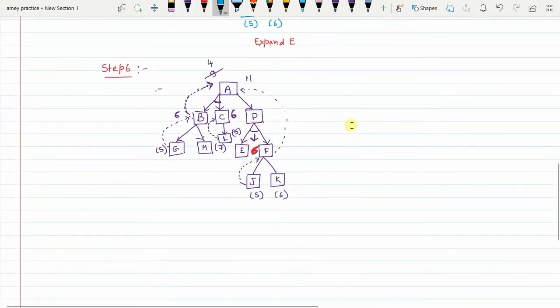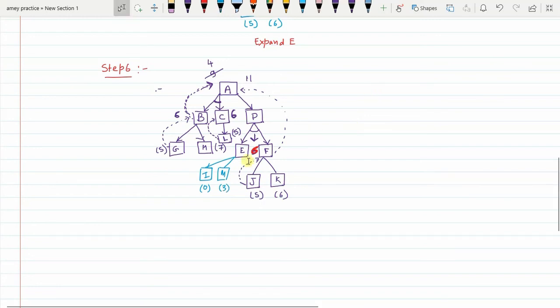Now node E is supposed to be expanded. Let's say when E is expanded, E has two child nodes. One is I, whose heuristic value happens to be 0, and the other one is M, whose heuristic value is 3.